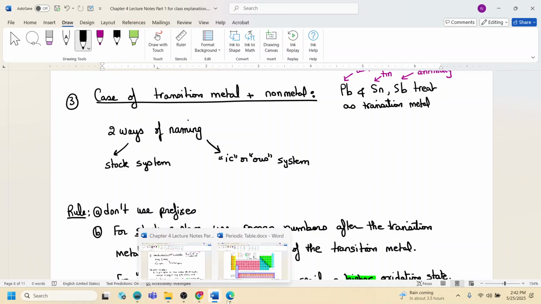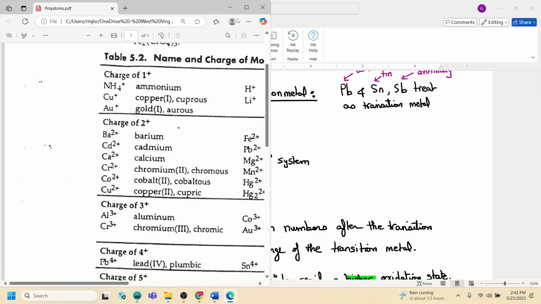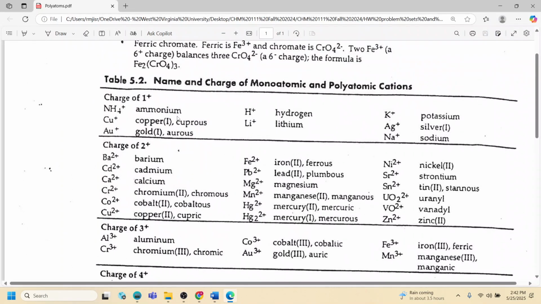For example, if you look at table 5.2, which I posted on eCampus, we're going to use this table a lot to figure out the charges of the transition metals. For example, copper. We have two cases of copper. We have copper plus and we have copper 2 plus.